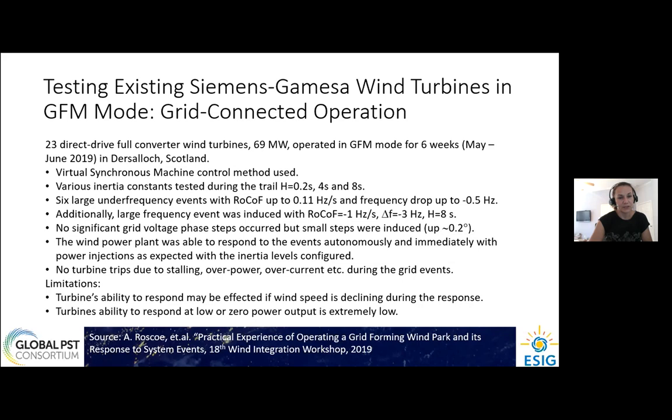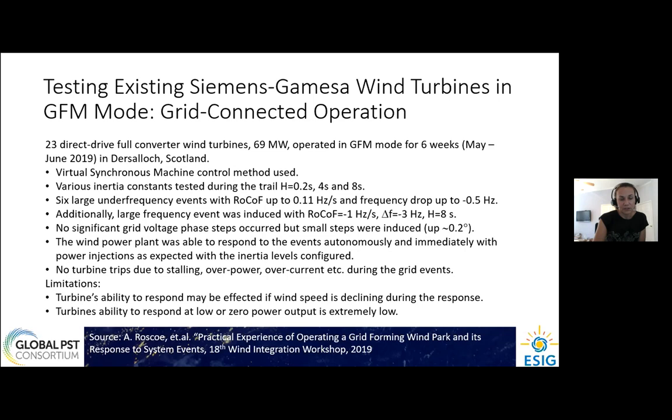They experienced 6 large under frequency events just from grid conditions. It wasn't an induced frequency event, and then they also induced a large frequency event because the ones experienced during the test were not large enough. During those tests, the wind farm was able to perform as expected for the setting of inertia constant that they were testing at the time.